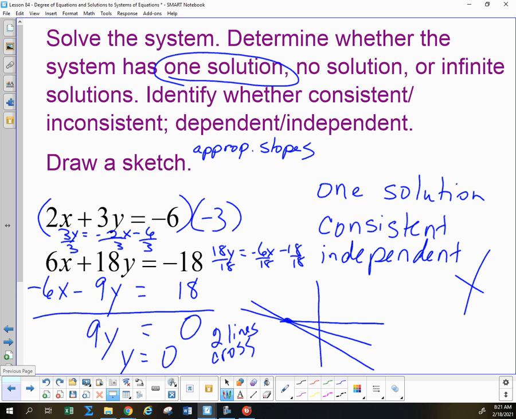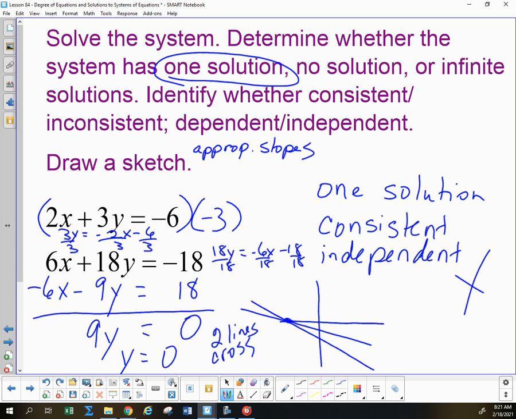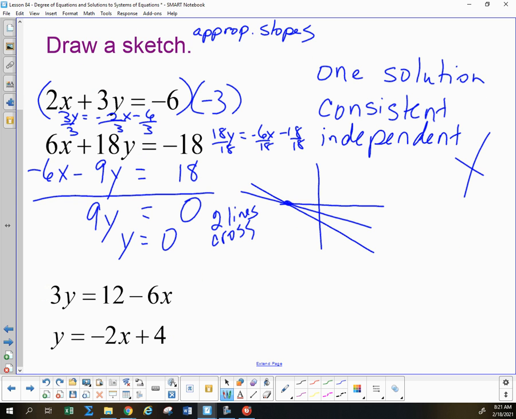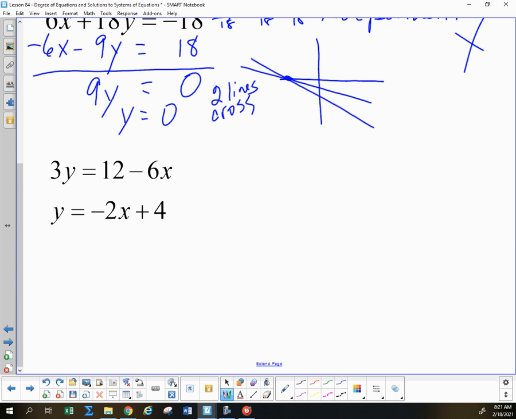Okay, then another one. Let's see what's going on with this one. Let's take a look at those. And what are some things we're noticing there on those two?